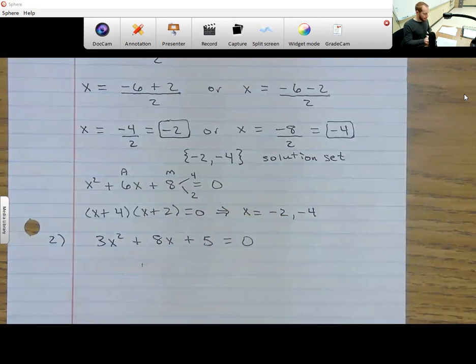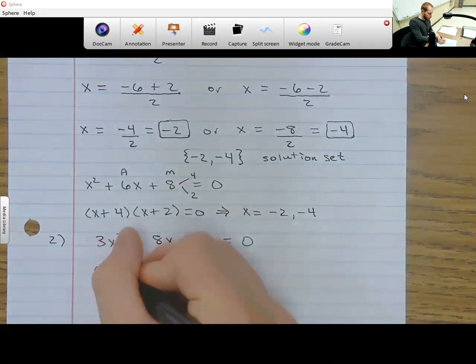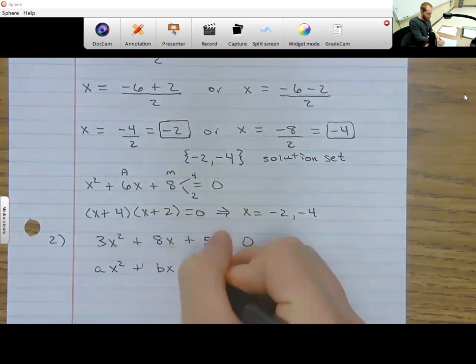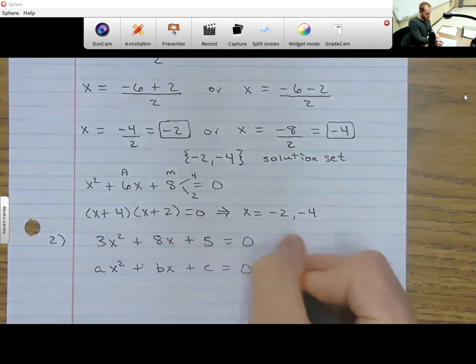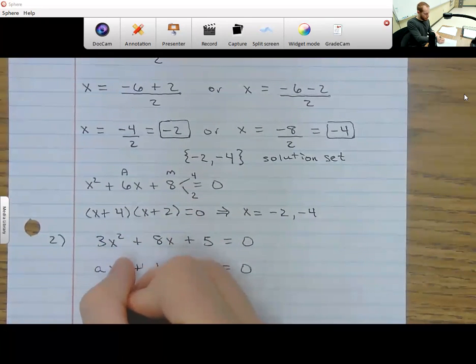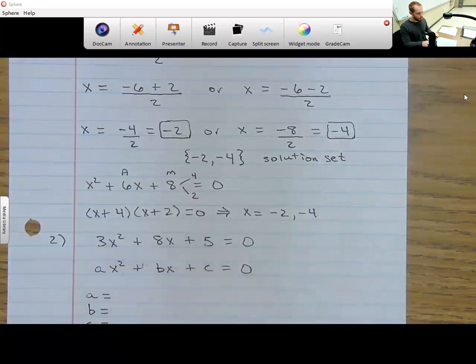So for any given quadratic equation, ax squared plus bx plus c equals 0, we can figure out what A, B, and C are. So A is going to be a number, B is going to be a number, and C is going to be a number.